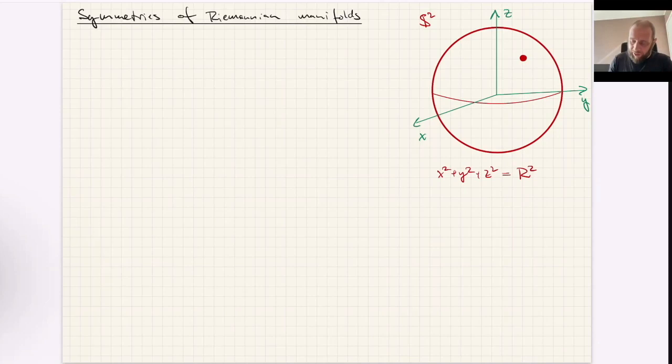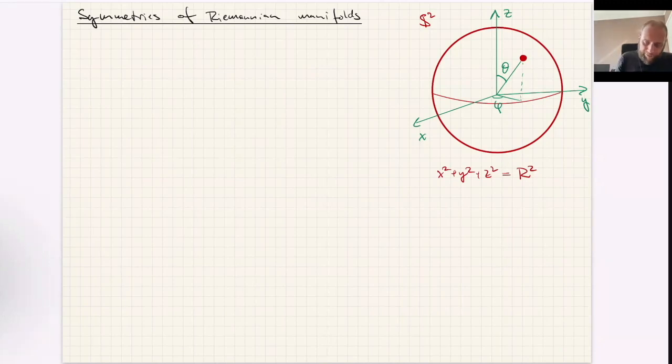So I can describe any point here, for example, this point that I drew. If I draw the line to the origin, I can use the coordinates theta, being the angle from the z-axis, and if I project this down to the xy plane, I have the angle phi, and I can use these 2 coordinates to describe the sphere.